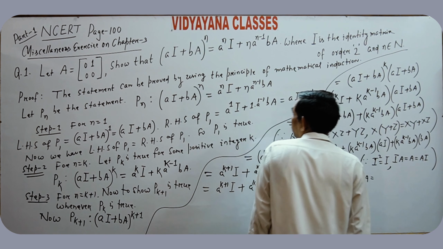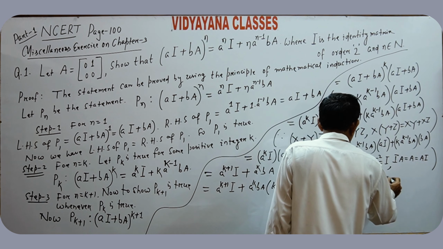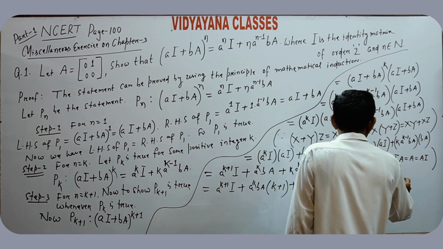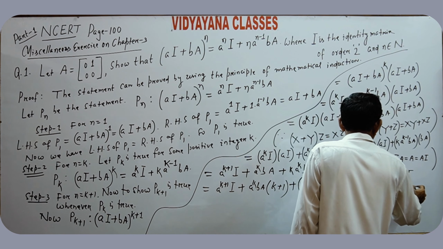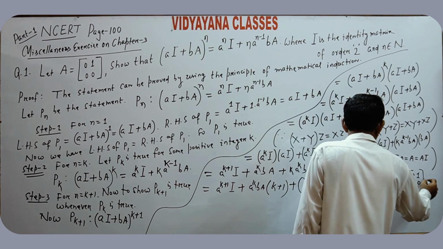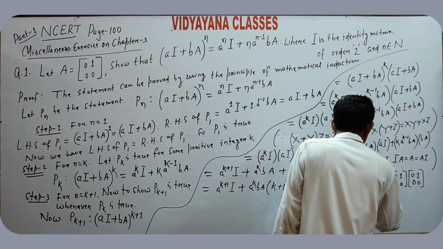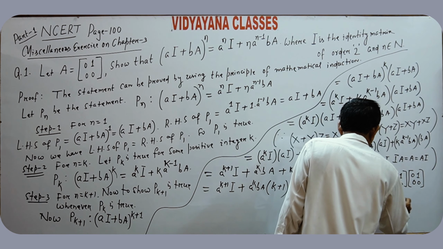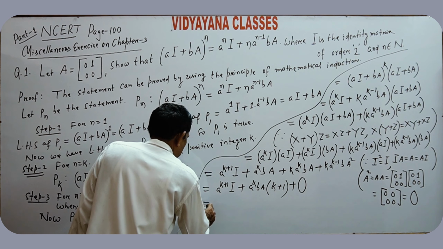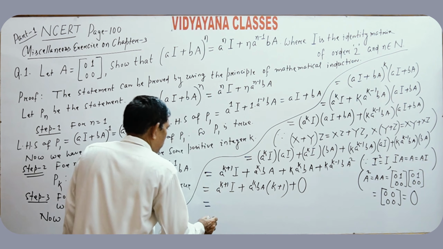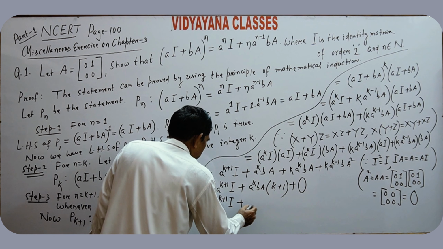A square is equal to A into A, which is the same as 0 1 0 0 into 0 1 0 0, which is equal to 0 0 0 0, that is 0 matrix, which is same as a to the k plus 1 into I plus k plus 1.